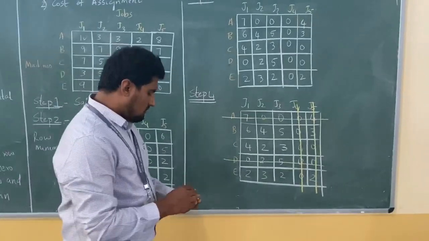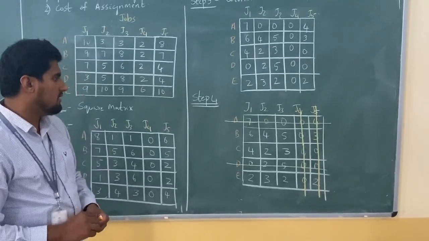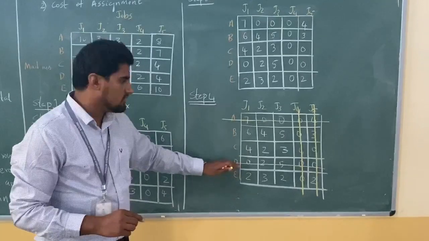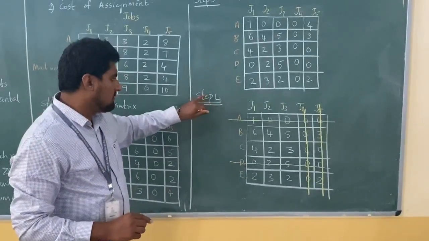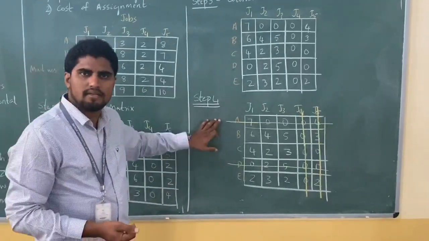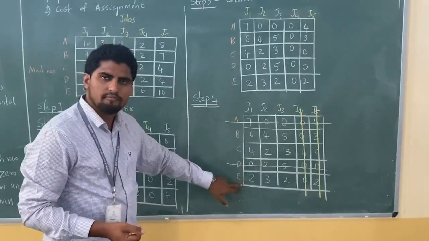Okay, so moving on to the next step. You need to analyze whether the number of lines drawn is equal to the order of the matrix. So in this step number 4, we just need to check whether small n equals capital N. Small n is the order of the matrix.